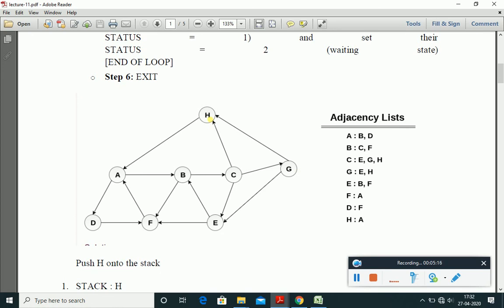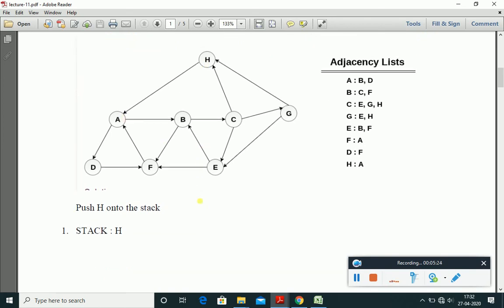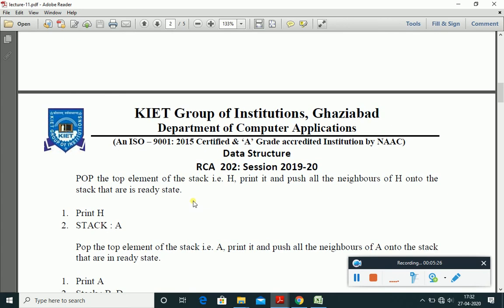Then we find its neighbor is a. When h is popped out and its status made 3, then a will be pushed into the stack. The same thing happens here. When we take h back from the stack, h is popped, we push a into the stack. Now make a's status equal to 2.